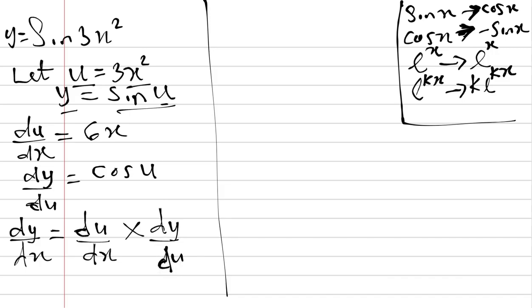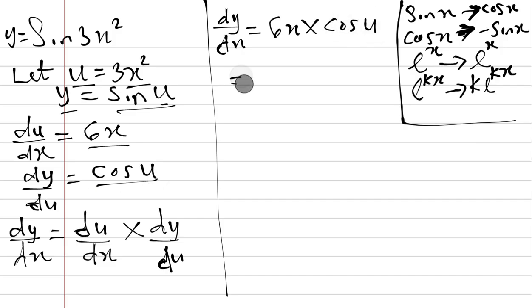So our dy dx is now equal to, what's your du dx? Your du dx is equal to 6x. So this is 6x multiplied by your dy du, which is cos u.